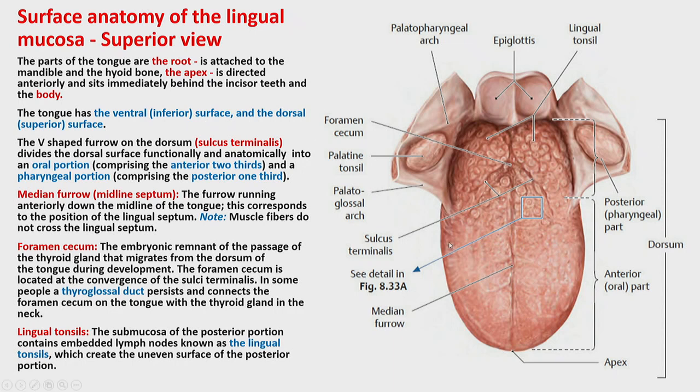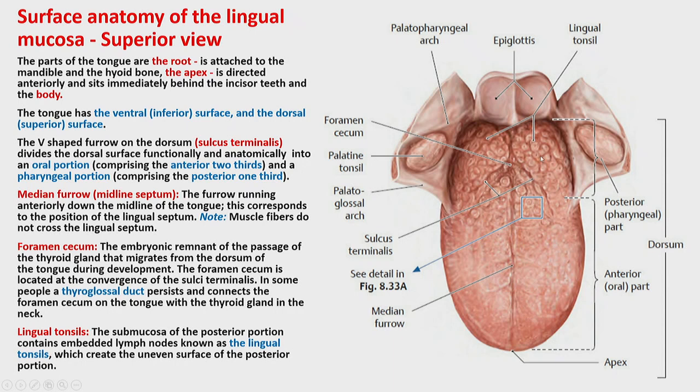In the dorsal surface, you see a very important groove, which looks like a V, a V-shaped groove or furrow. This groove is called the sulcus terminalis or terminal sulcus. This terminal sulcus is dividing the tongue into the posterior part, which is called the pharyngeal part because it's toward the pharynx.